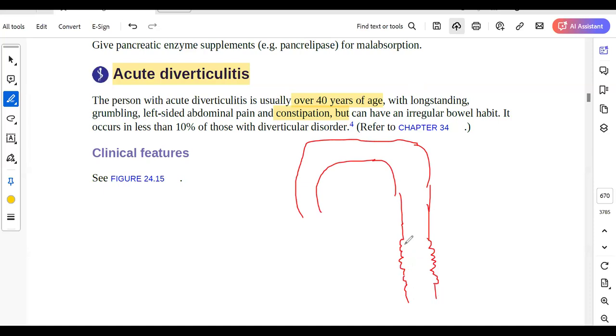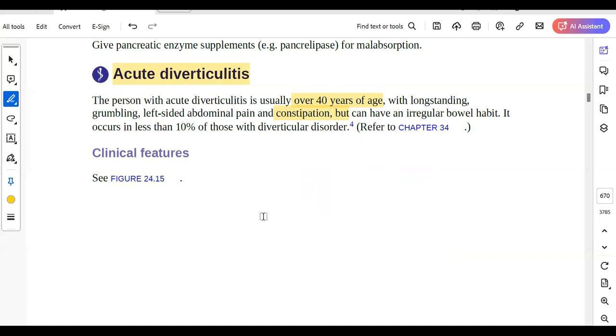These can then accumulate feces or stool, and stool is a good medium for bacteria. So these finger-like projections, which are called diverticula, can get infected, causing acute diverticulitis.